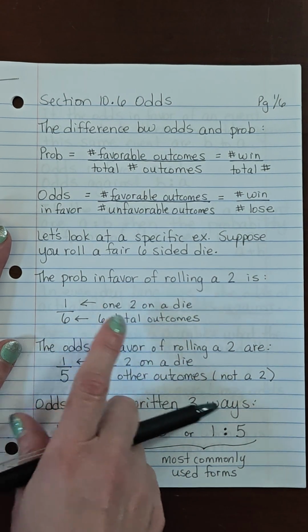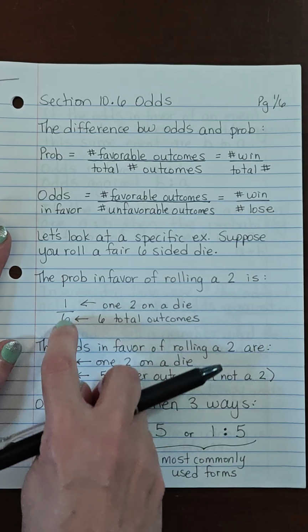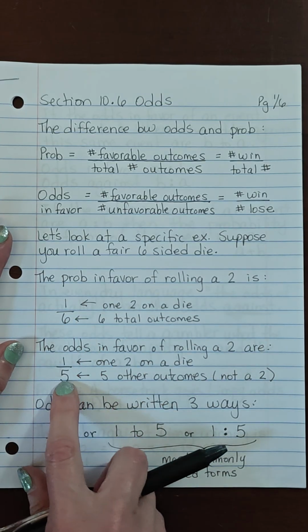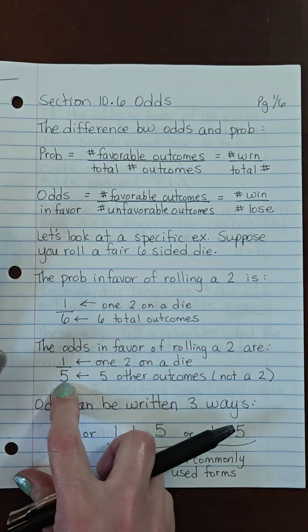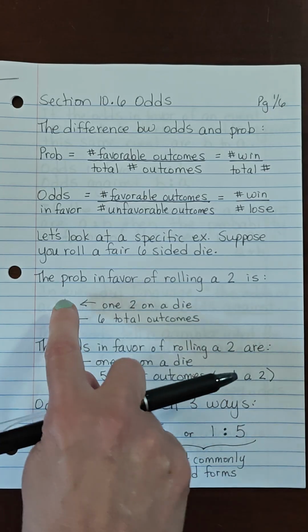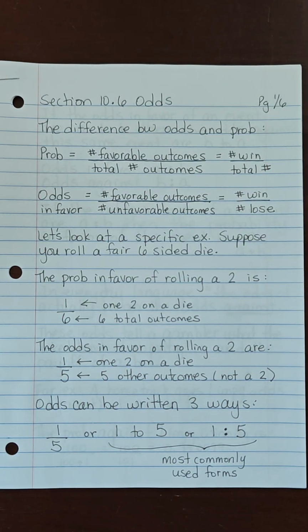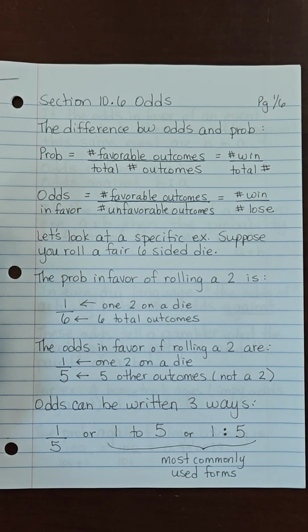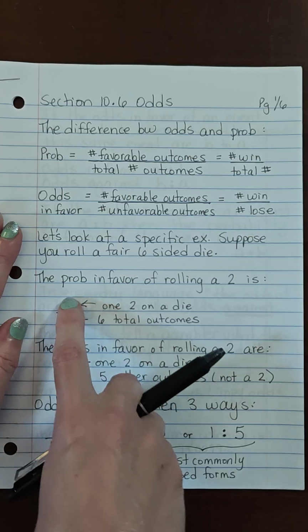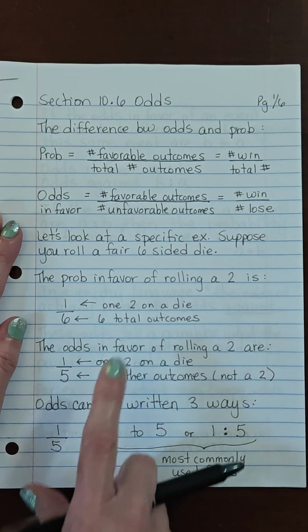Now here's the thing. You'll notice how I read those. I said 1 out of 6 here, and here I said 1 to 5. The way that probability and odds are spoken is different, even though they're both written as fractions. So this is 1 out of 6.